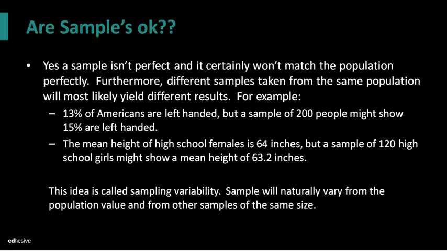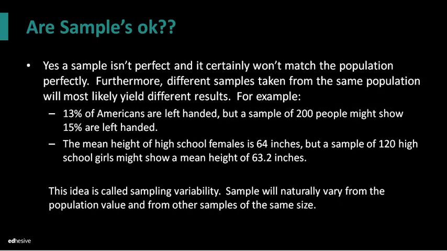Furthermore, different samples taken from the same population will most likely yield different results. For example, 13% of Americans are left-handed, but a sample of 200 people might show 15% are left-handed. The mean height of high school females is 64 inches, but a sample of 120 high school girls might show a mean of 63.2 inches. The point is that not all samples are perfect, and they do not necessarily reflect the exact population value.